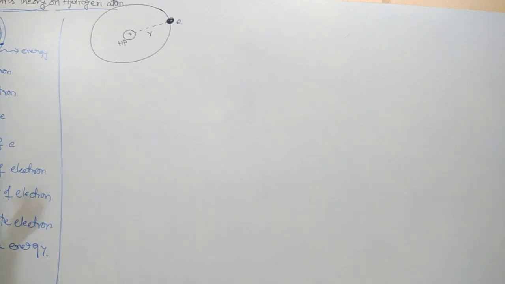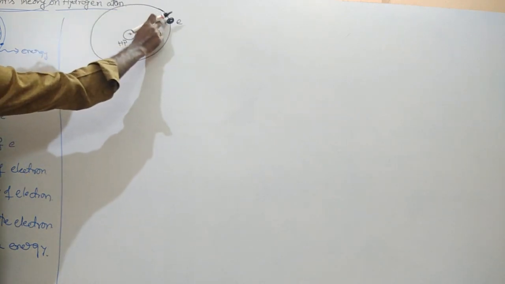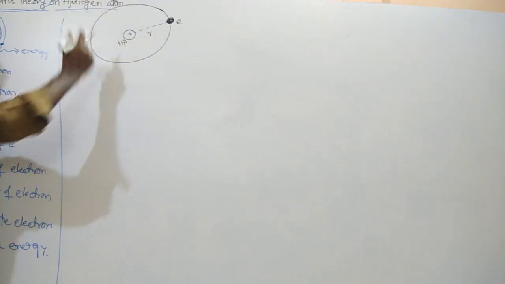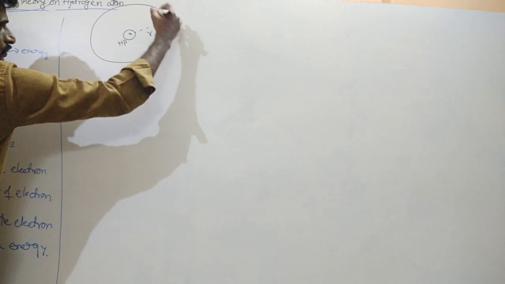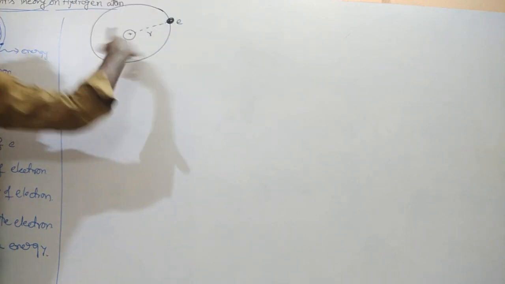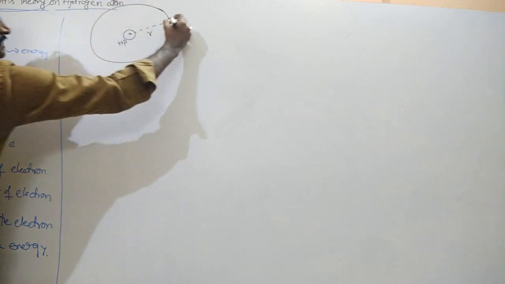Now, if the electron is revolving in a stationary orbit, then there must be a centrifugal force acting in the outward direction of the circular orbit, balanced against the centripetal force.